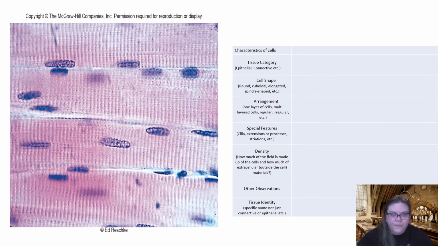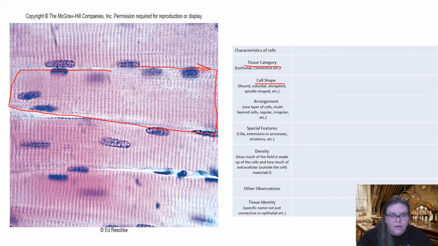So, tissue category would be muscular. Cell shape, it is most definitely elongated because you see this is one cell right here.